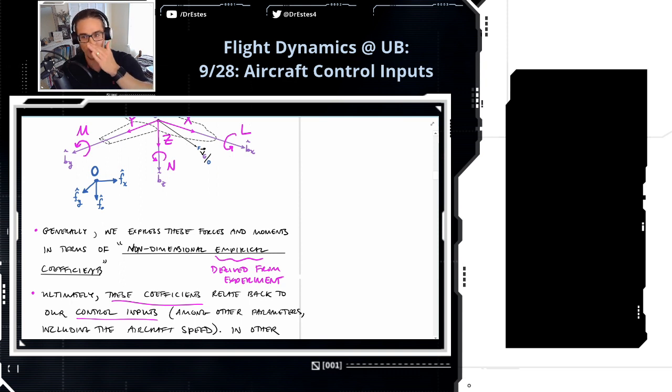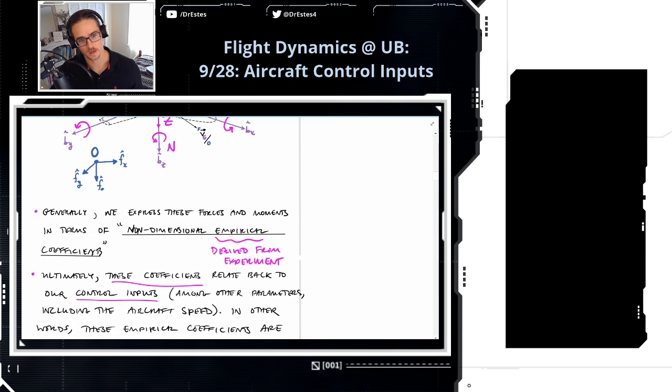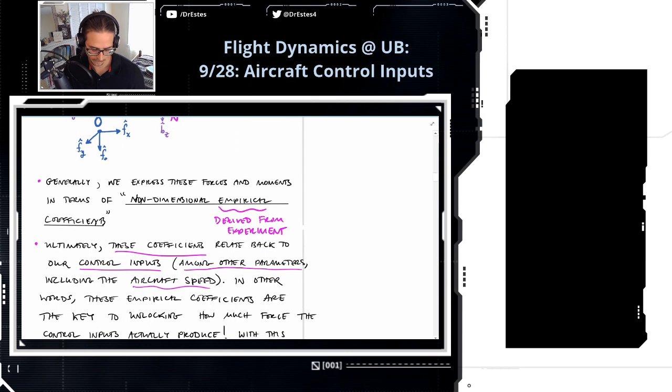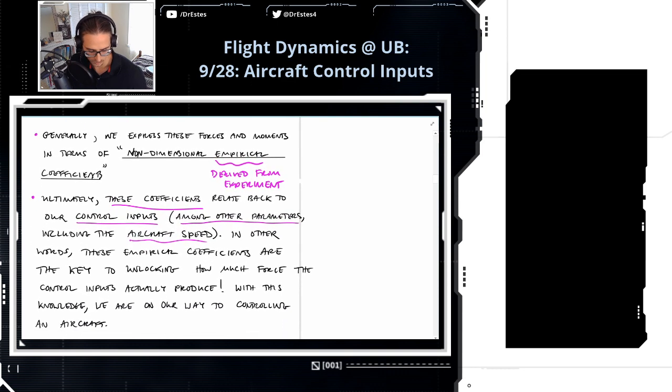So this is our connection point for achieving control. These empirical coefficients are functions of the control inputs, but they're also functions of other aerodynamic parameters like your aircraft speed. But these empirical coefficients are certainly the key to unlocking how much force the control inputs actually produce.